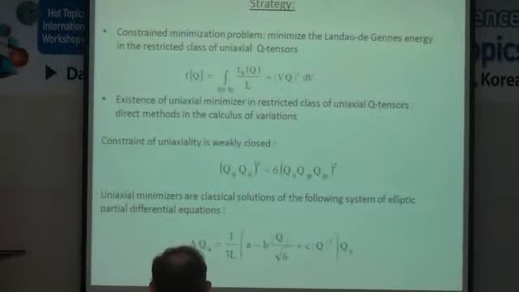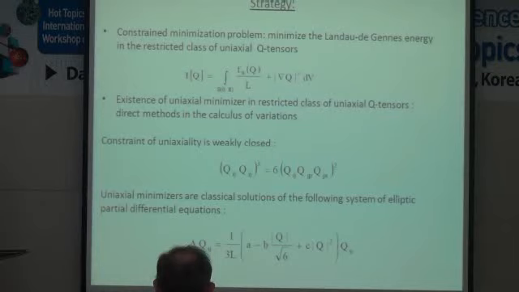Now for the proof. Our strategy is fairly simple to understand. The main steps are easy to state, maybe harder to implement. In the first step, we carried out a constrained minimization problem. We looked at the Landau-de Gennes energy functional, and we minimized it in the restricted class of purely uniaxial Q tensors.